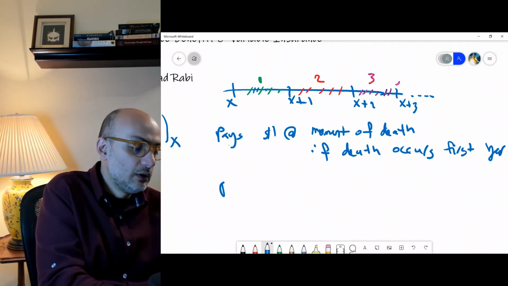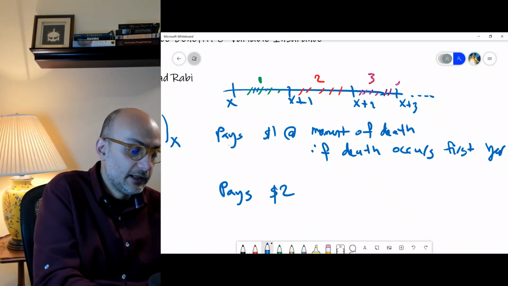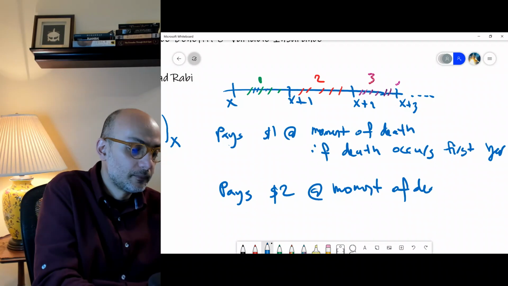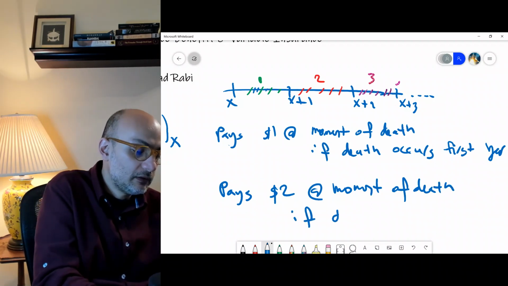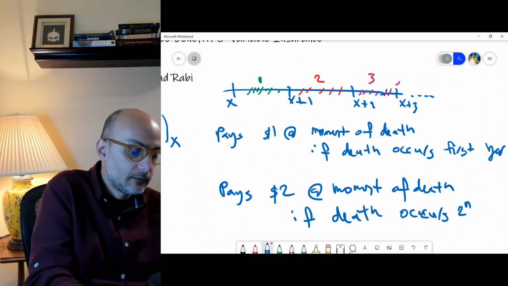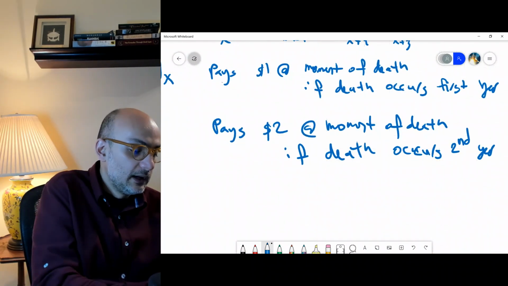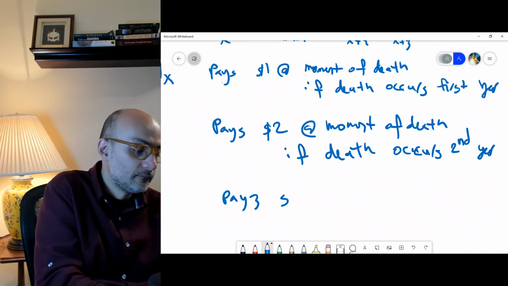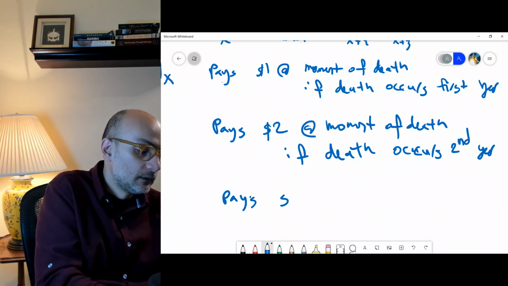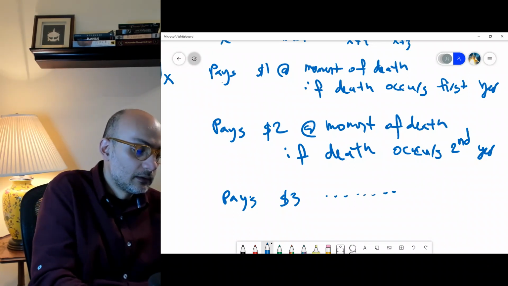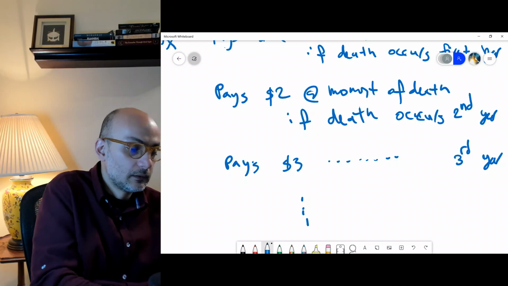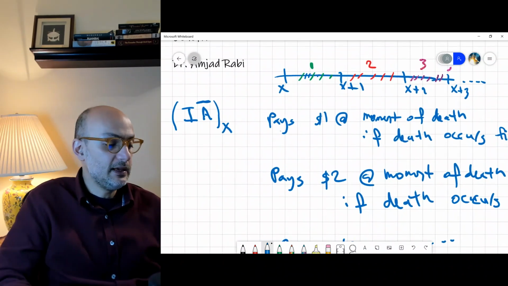And it will pay now not $1 but $2 at moment of death if death occurs in the second year. And then it will pay now $3 if death occurs in the third year.